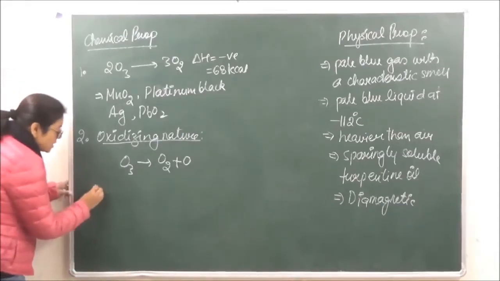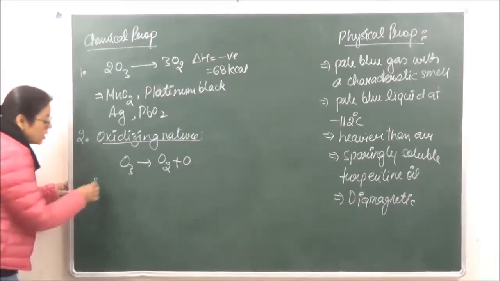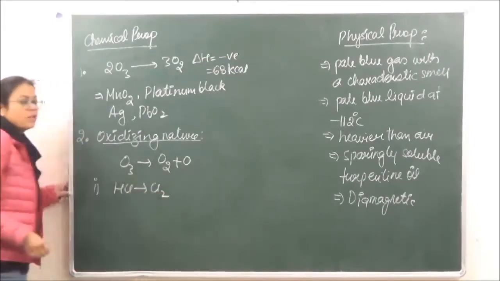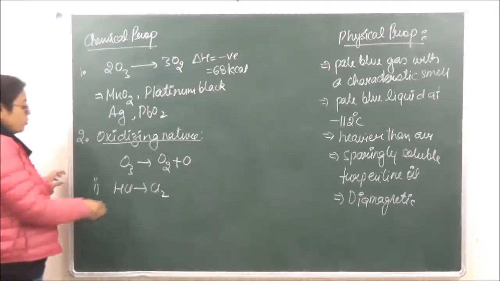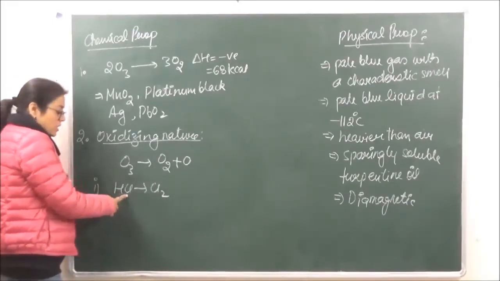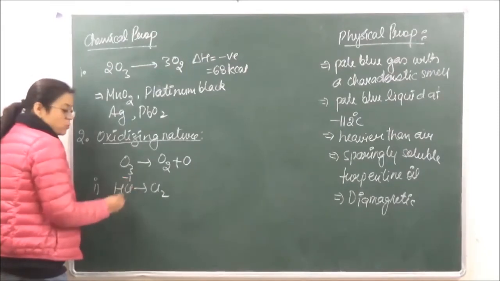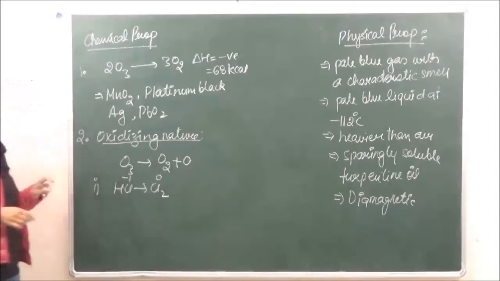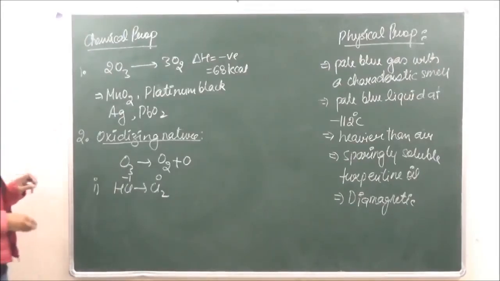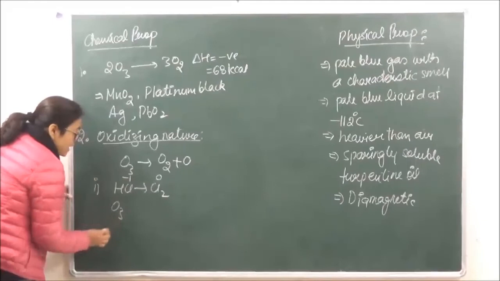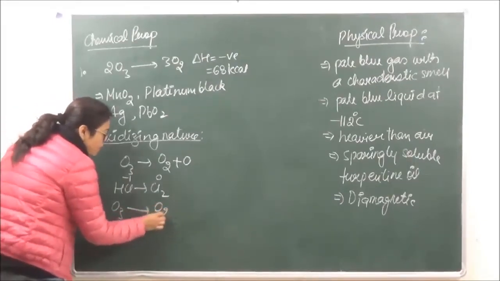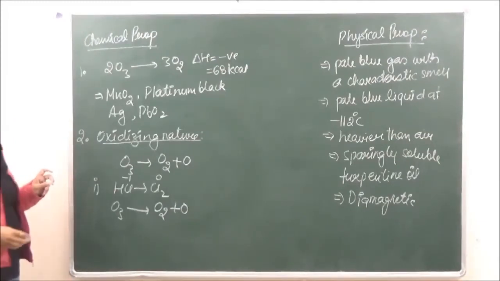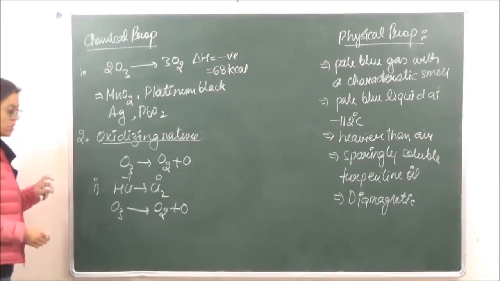So let's discuss a few of the oxidizing reactions. For example, HCl is converted to chlorine. The oxidation number of chlorine in HCl is -1, and here it becomes 0. An increase in oxidation number is oxidation. So what is the reaction? Ozone decomposes into oxygen plus nascent oxygen.